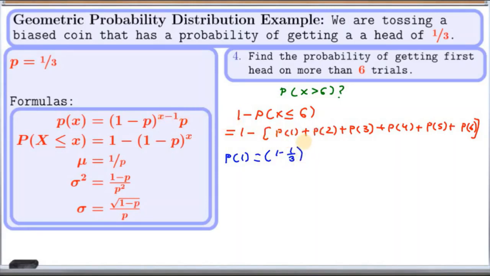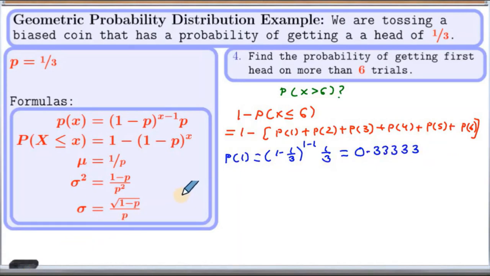So our x is 1, so here it will be 1 minus 1 times p, which is 1 over 3. You can put this whole thing in a calculator, and it comes out to be 0.33333.